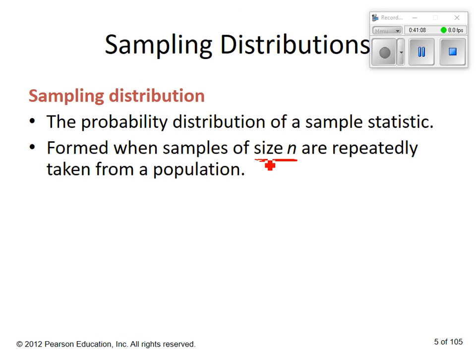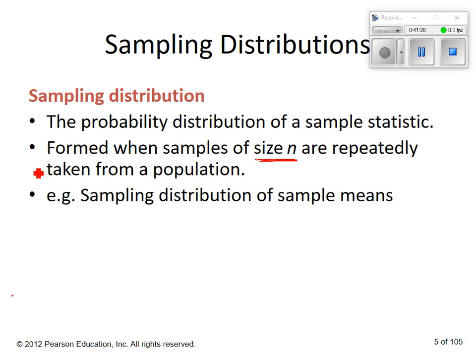So how many things are in each one? What was our n for the stuff we just got done doing? Be careful. Our n: how many numbers did you pick at a time? 5. So your n was 5.